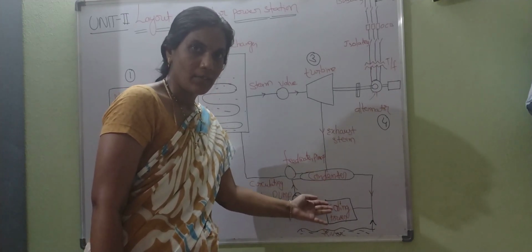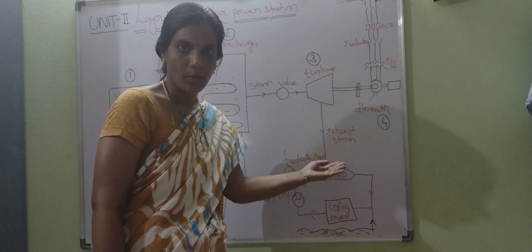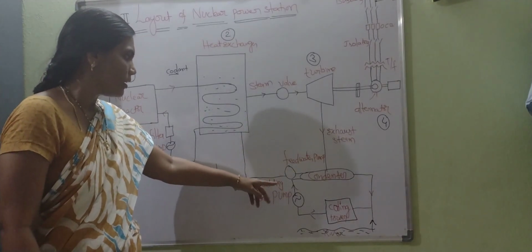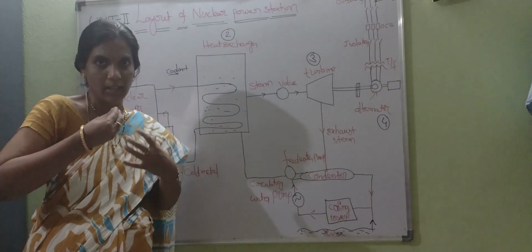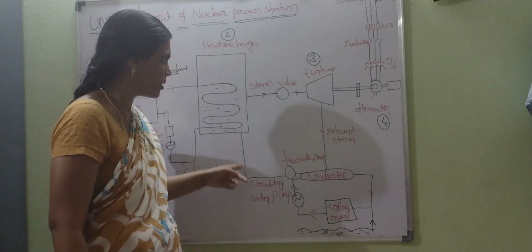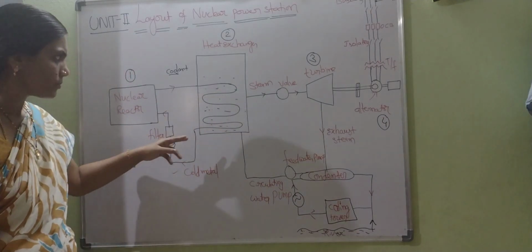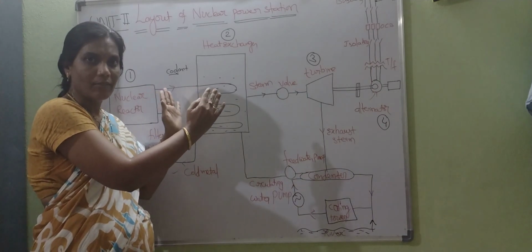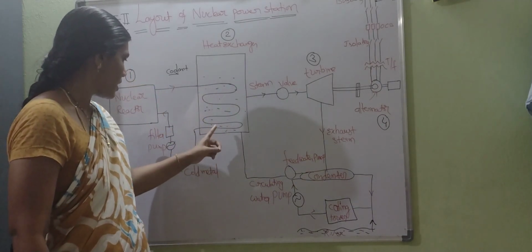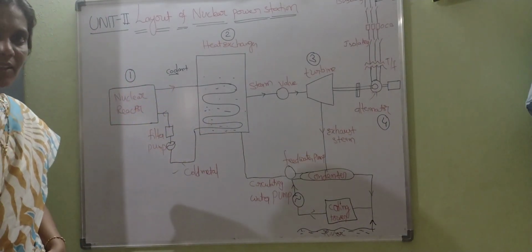Cooling towers are used for further cooling the low pressure vapors from the condenser to get water. This water is feed water, ready to use. This water is collected from the condenser and sent to the heat exchanger, where it is used for the transfer of heat. So this is about the layout of the nuclear power station.